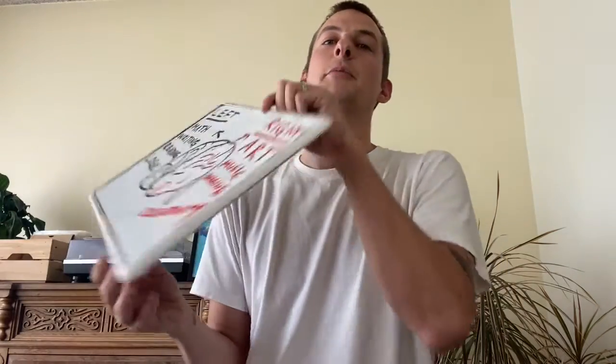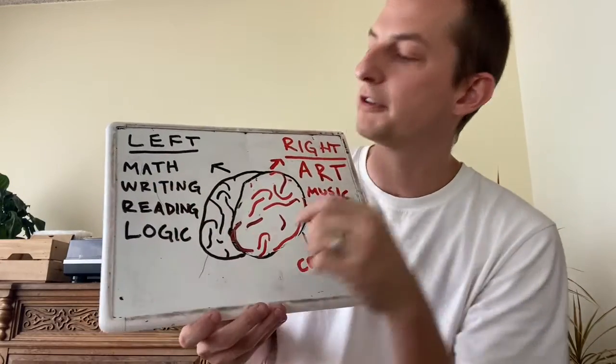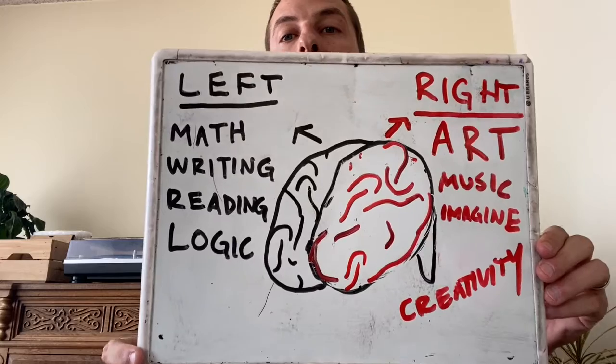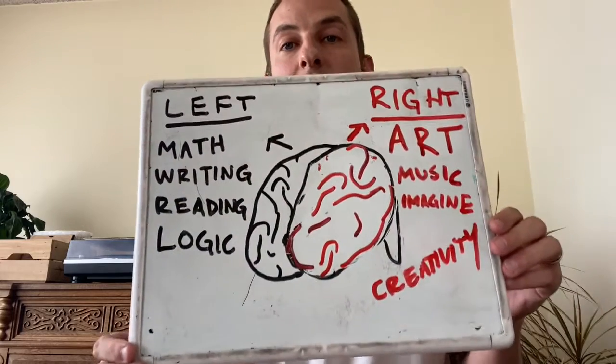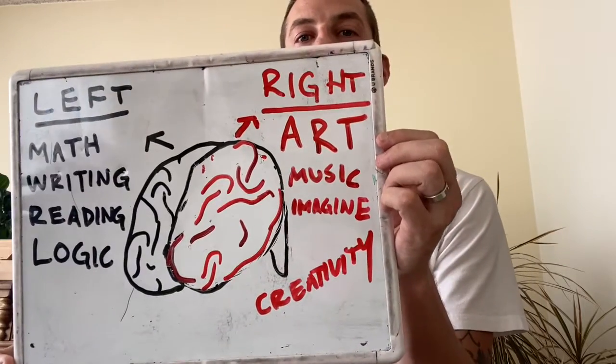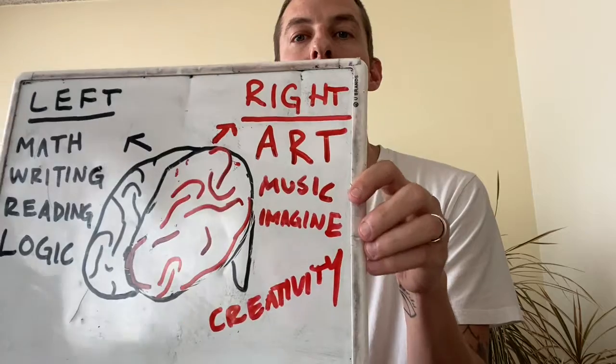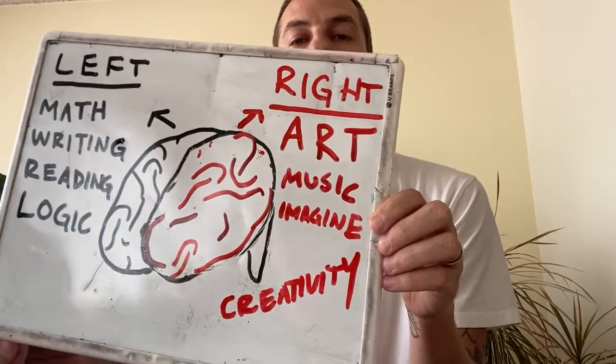Let's see what those two different sides of your brain are responsible for. The left-hand side of your brain is responsible for things like math and writing and reading and logic, so logical things. Your right-hand side of your brain is where your art and your music and your imagination are, right?